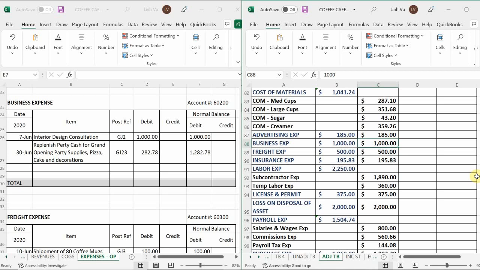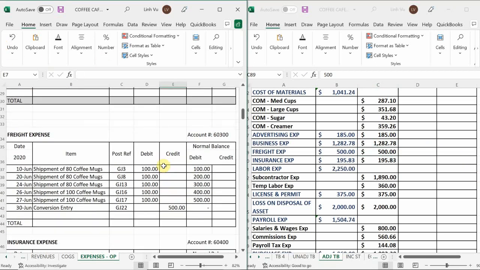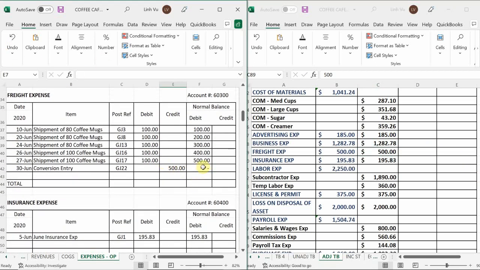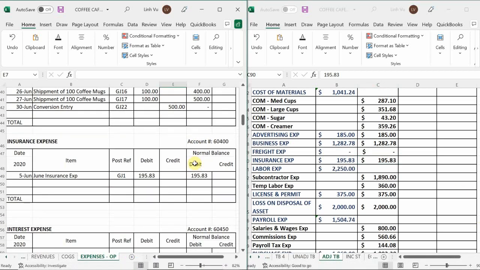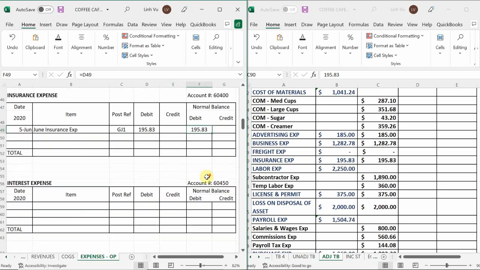So right now it is at $1,282.78. Okay. Right? Next is my freight expense. When I did my periodic conversion, I converted my freight expense, so it is zeroed out. Okay. Let's see what's next. Next is insurance expense at $195.83, so that's still the same.